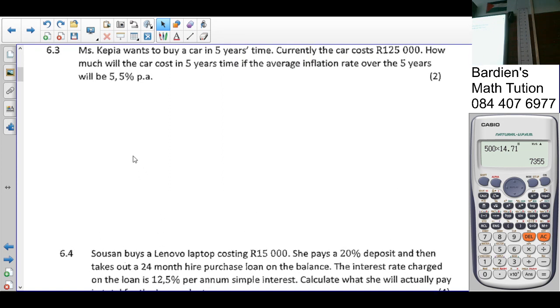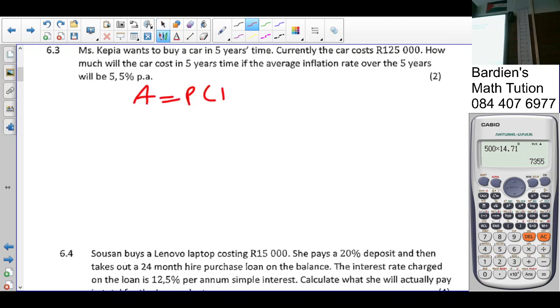Right, question 6.3. Someone wants to buy a car in 5 years' time. Currently the car costs 125,000. How much will the car cost in 5 years' time if the average rate of inflation over the 5 years was 5.5% per annum? Which formula do we use for inflation?